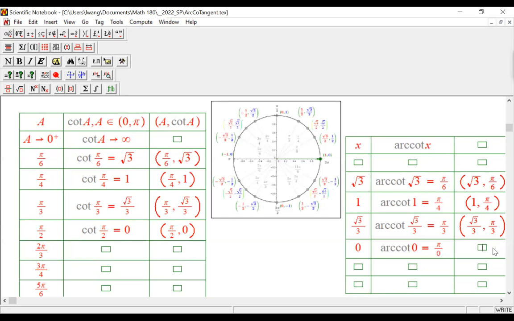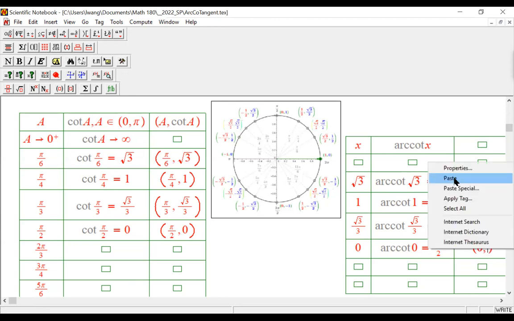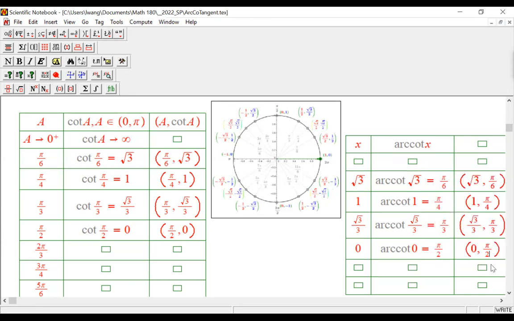So the point is a swap of input and output from its inverse function. Now 0 is the input and pi over 2 is the output. Okay, keep going.